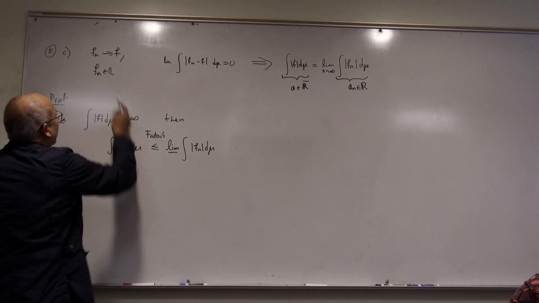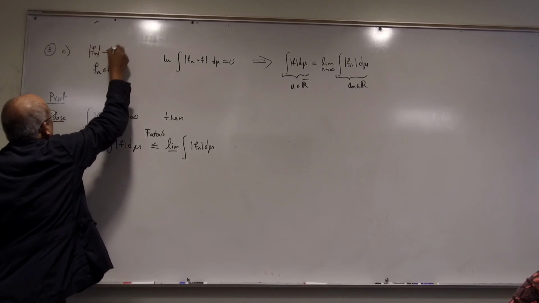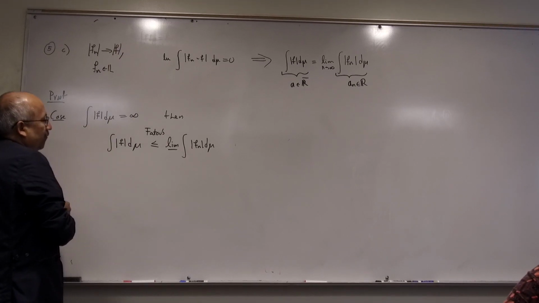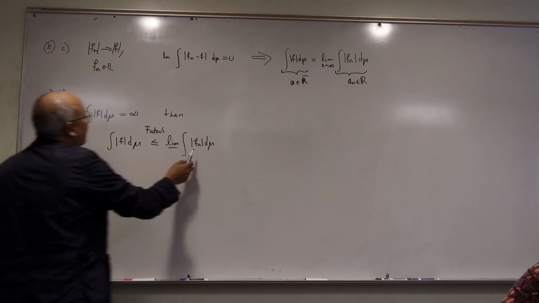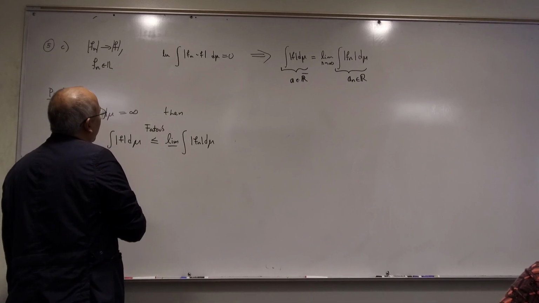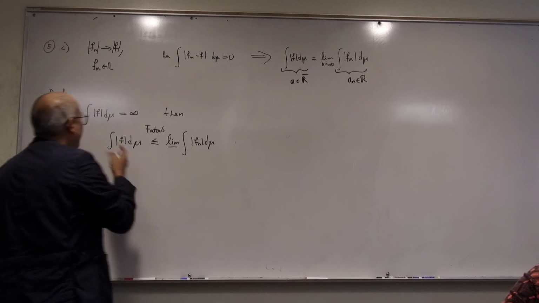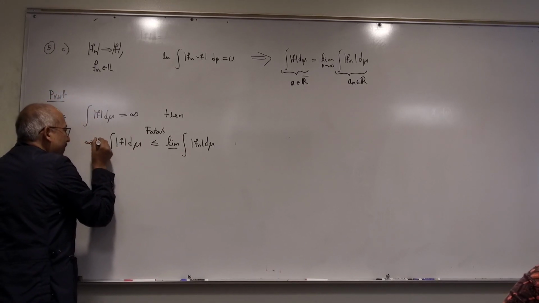Why? How do we know that? Because fn converges to f, so therefore the absolute value of fn also converges to f. But does this limit exist or not? Well, we know that this is equal to infinity, right?